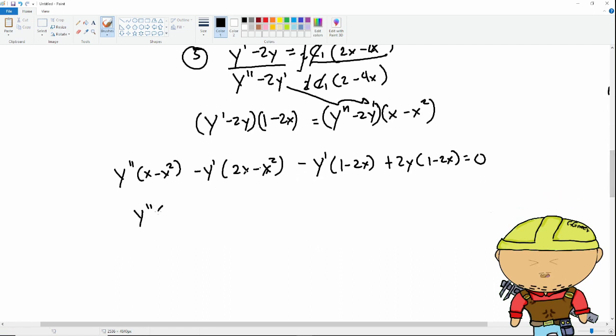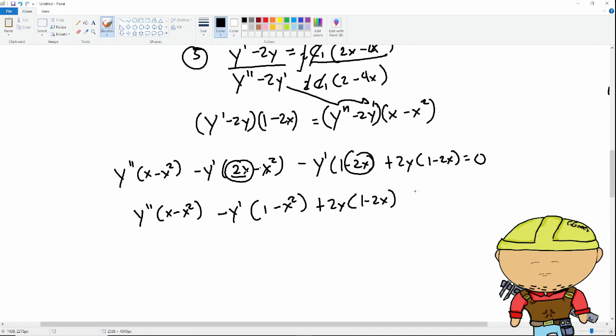Y double prime times x minus x squared. For y prime, positive 2x and negative 2x are gonna cancel. Negative y prime times 1 minus x squared plus 2y times 1 minus 2x is equal to 0.